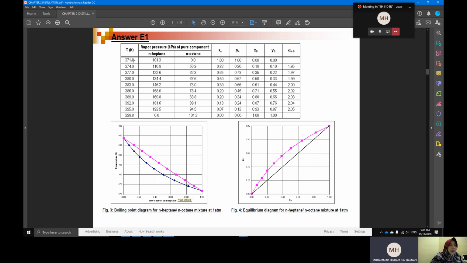So, tengok at one temperature, you akan dapat bentuk macam ni. Ini adalah satu pasang. Purple dengan blue ni satu pasang, because they are at same temperature.